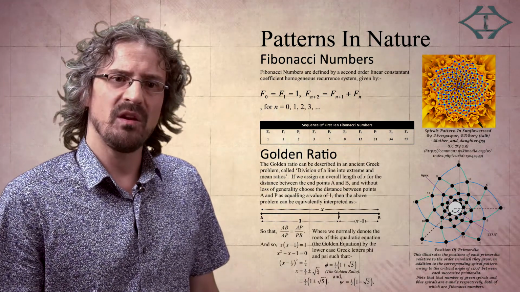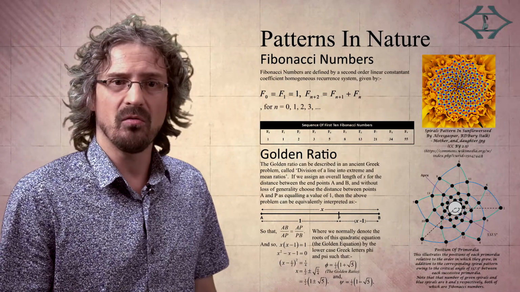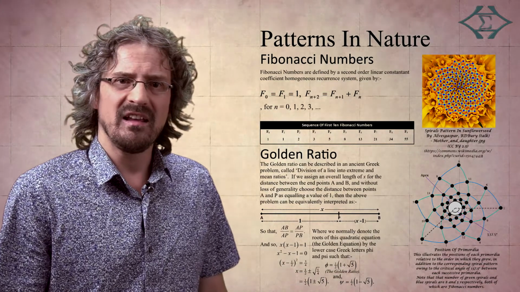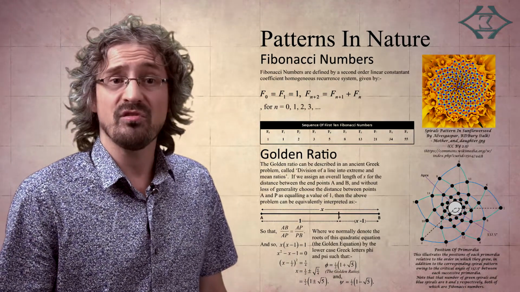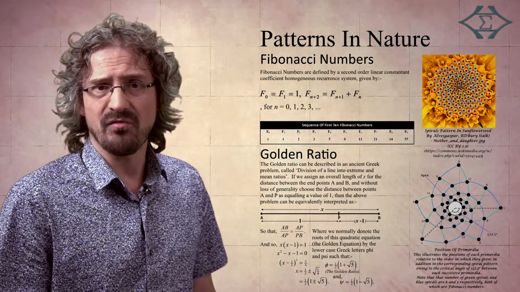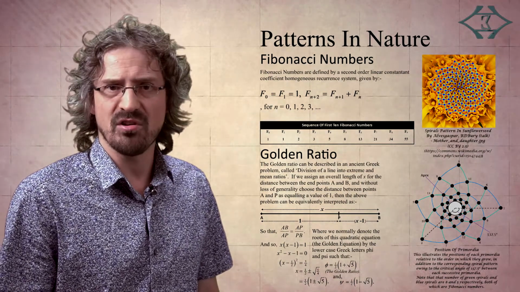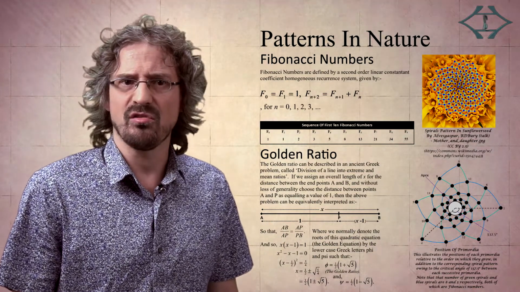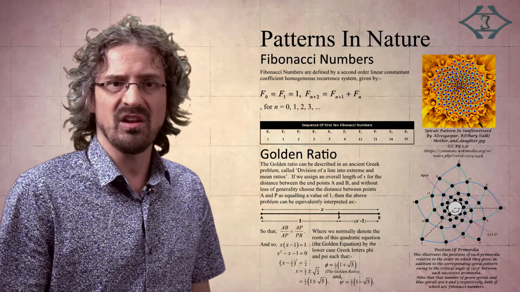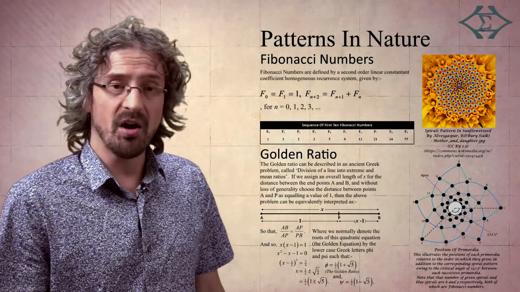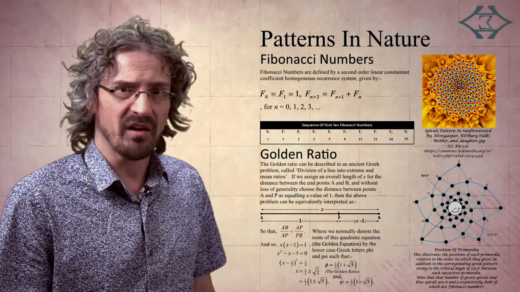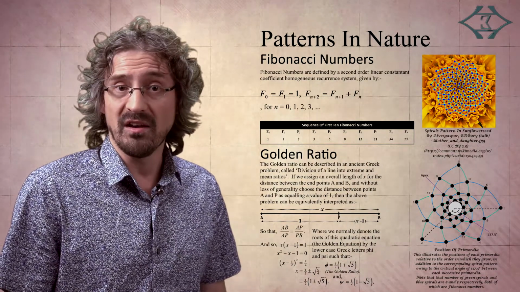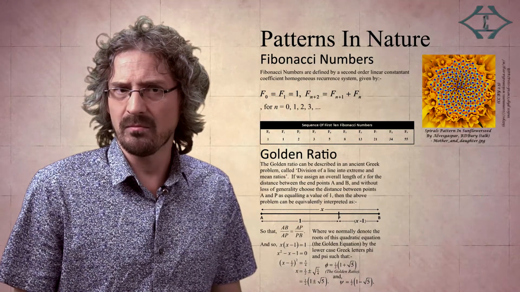And the connection between the aforementioned critical angle of 137.5 degrees and the golden ratio is in observing that 137.5 degrees differs from a complete revolution by 222.5 degrees, which is very close to the ratio of 360 degrees to that of the golden number, i.e. 360 over phi, which is approximately equal to 222.49, correct to 2 decimal places.